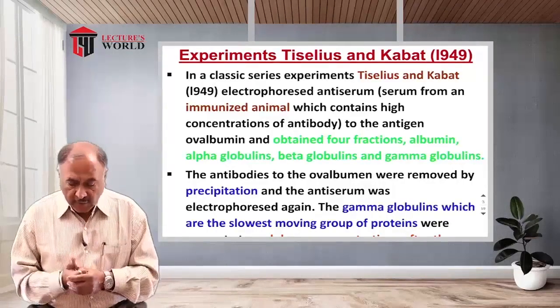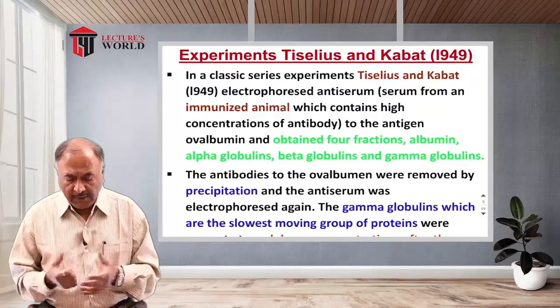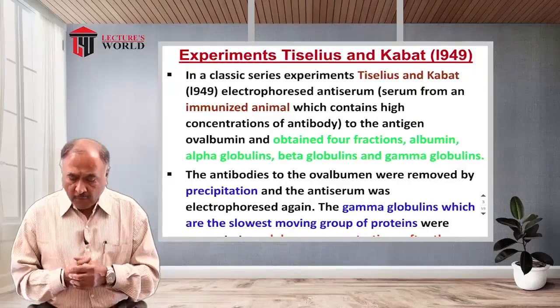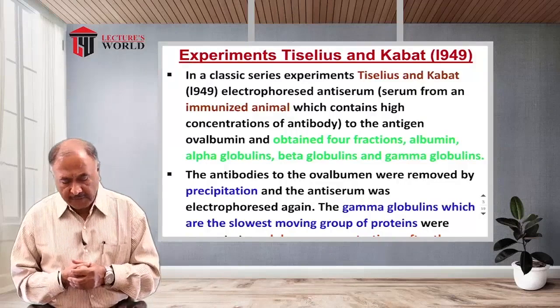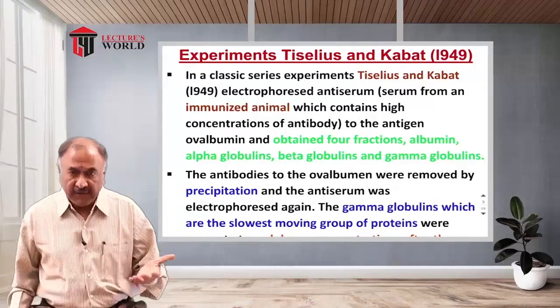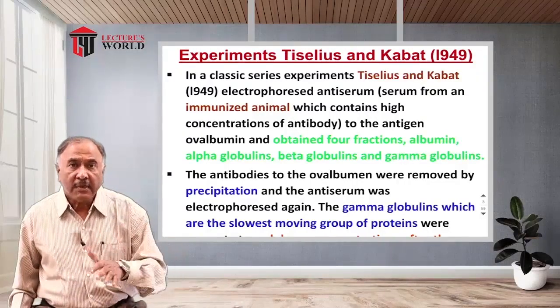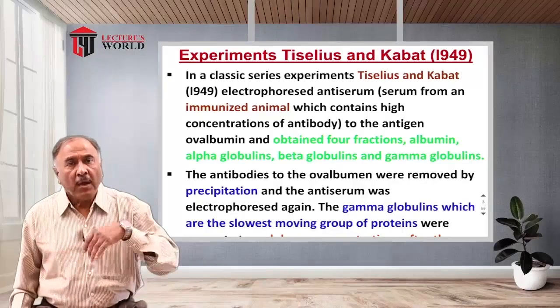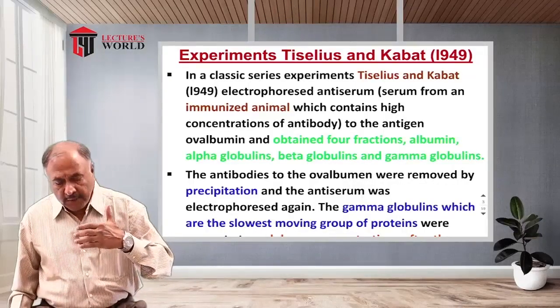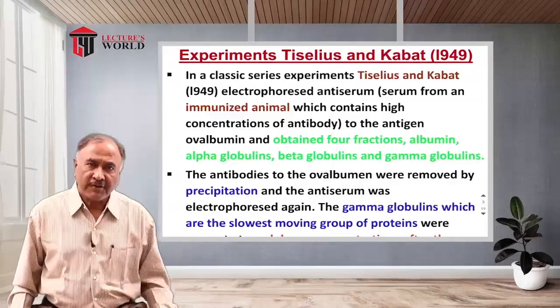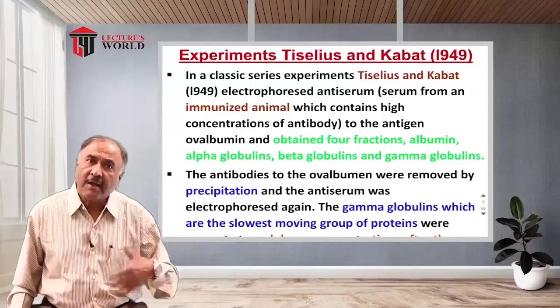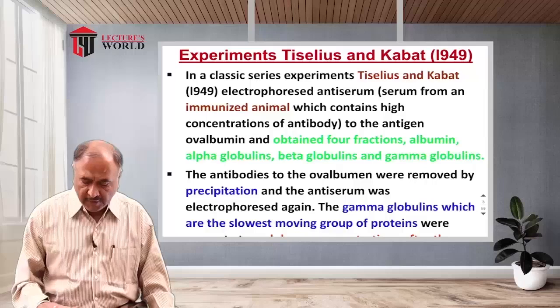What they did further was that the ovalbumin, the albumin fraction, was removed by precipitation, and then the antiserum was electrophoresed again. So the point is, they removed the albumin fraction by precipitation and then again did electrophoresis.